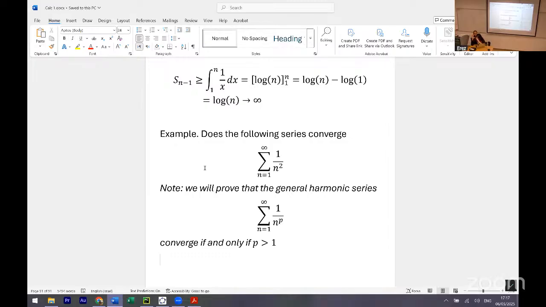We're going to learn 5 tests of convergence of positive series. First, the comparison test, the limit comparison test, the ratio test, the root test, and the condensation test.